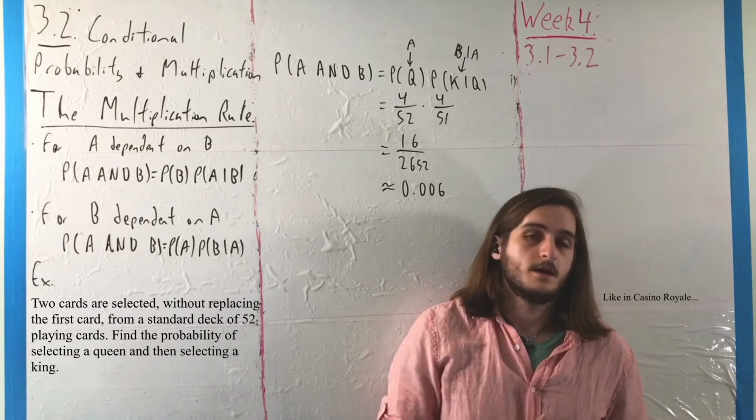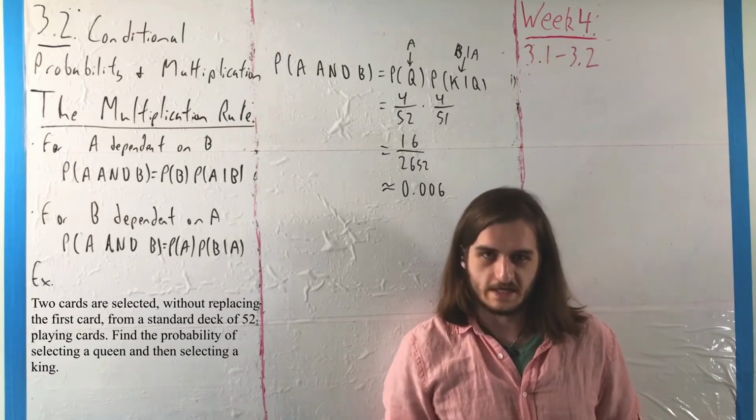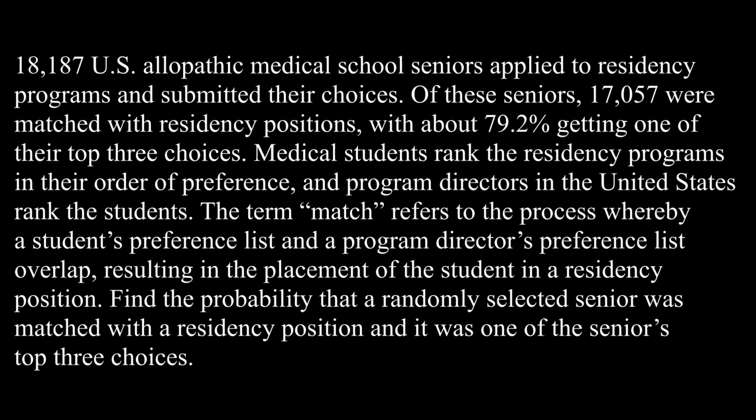And next, we're going to look at one more example that has a little bit more setup to it than this one. Here we have that 18,187 U.S. allopathic medical school seniors applied to residency programs and submitted their choices. Of them, 17,057 were matched with residency positions, and about 79.2% got one of their top 3 choices.